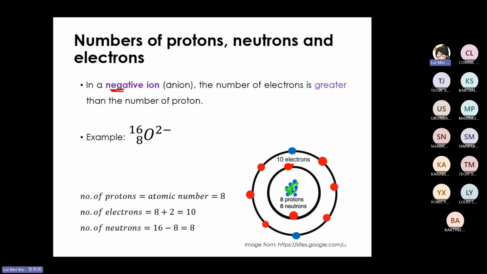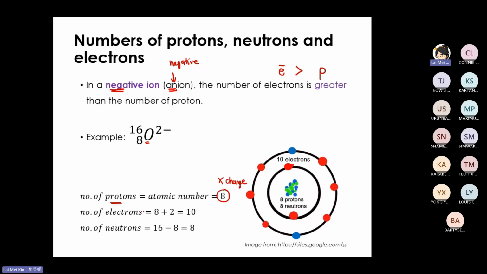If I have a negative ion, that is an anion. Because it is negatively charged, that means I have more electrons compared to protons. For example, the same element, oxygen. Notice here, proton number remains the same, cannot change, because I am oxygen. Oxygen always has proton number 8.